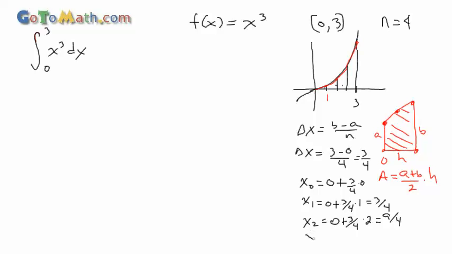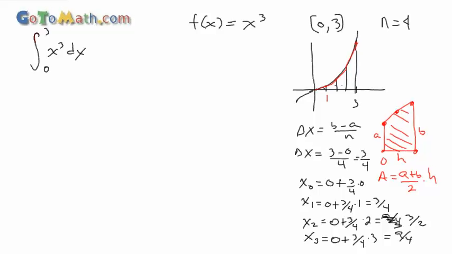And then we have x of 3, and that's 0 plus 3/4 times 3 is equal to, wait a minute, that should be 6/4 there. I guess I got ahead of myself, which actually reduces down to 3/2, or 1.5. So this one here is going to be 9/4 here.